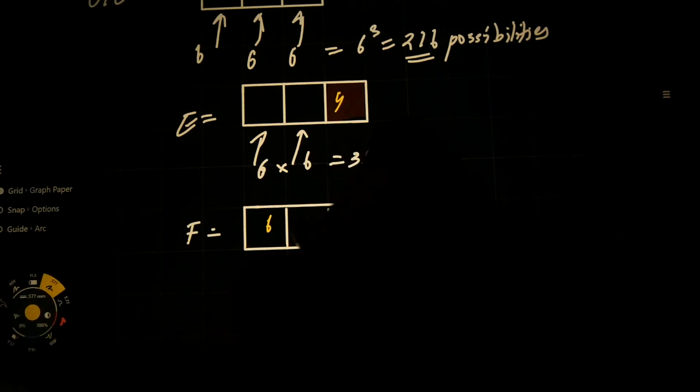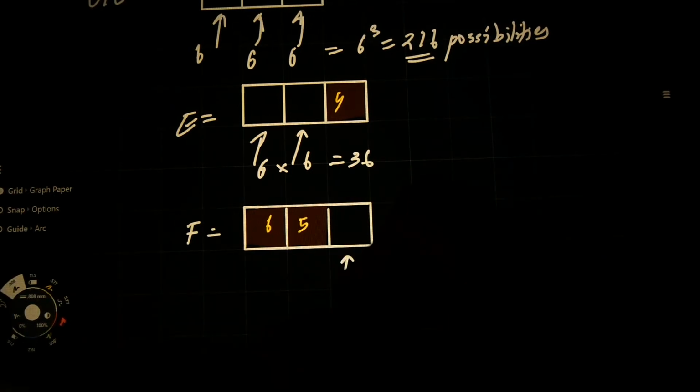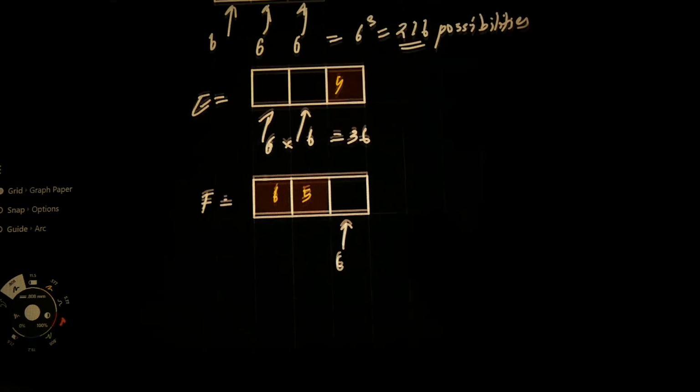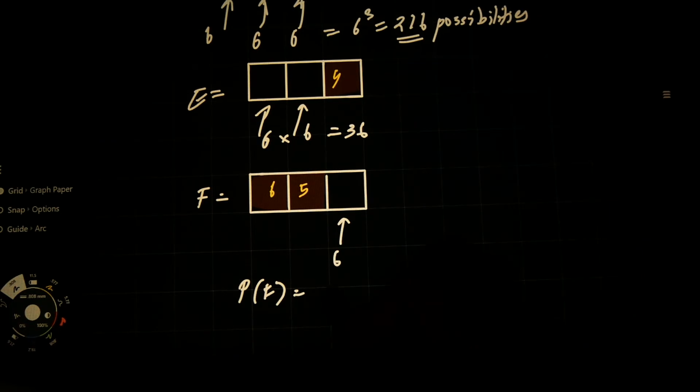So here it will always be 6, here it will always be 5. Then this can be filled in only how many ways? All the other 6 numbers can be included, so this can be filled in 6 ways. So probability of F is 6 out of a total of 216. Don't cancel.